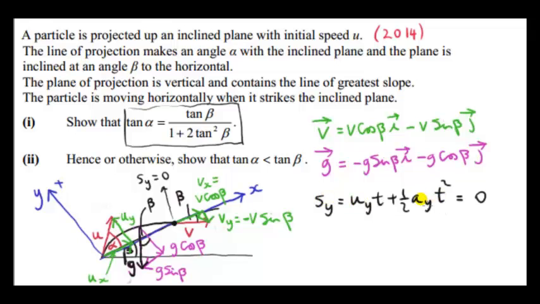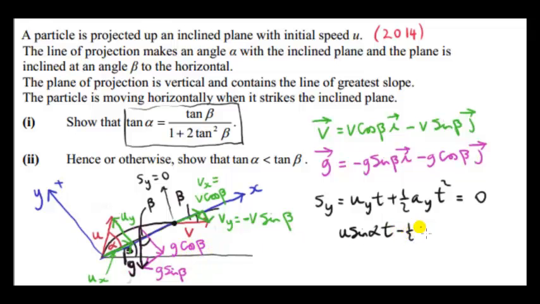So let's get our expression for the time of flight. We need uy, the y component of the initial velocity. Well, that's u sine alpha. We need ay. The magnitude of ay is g cos beta. So we just minus it.